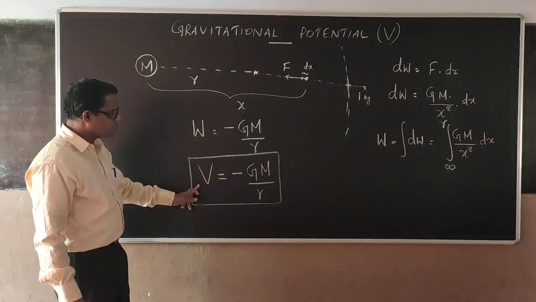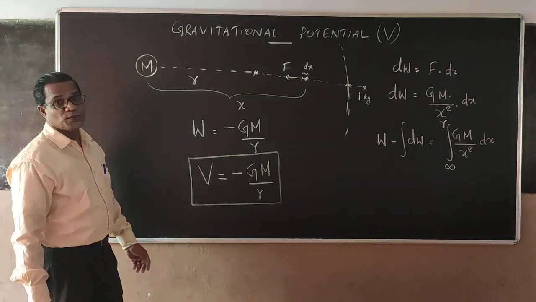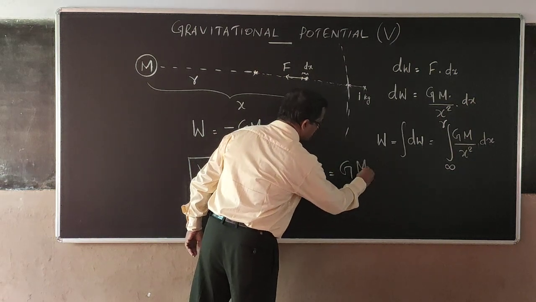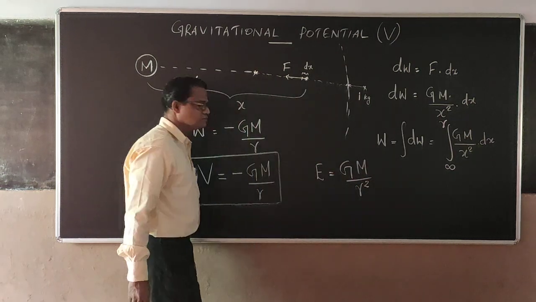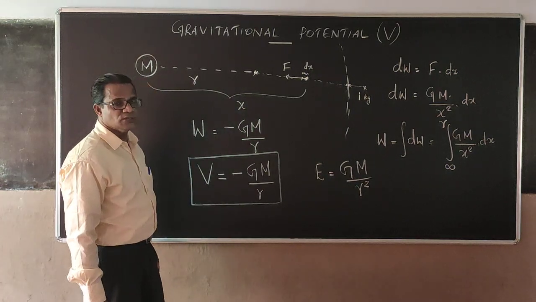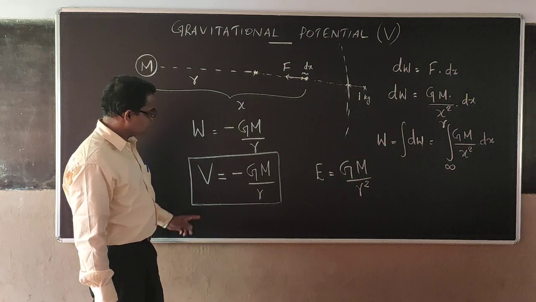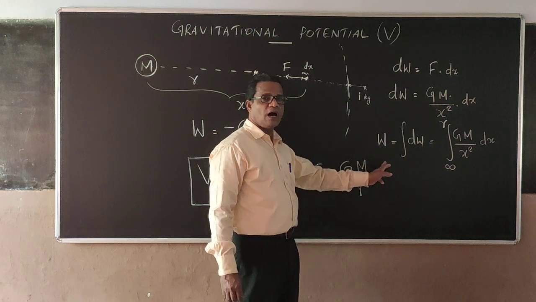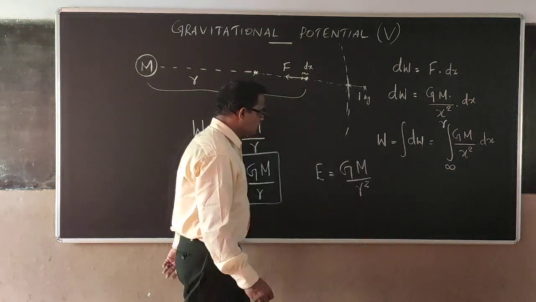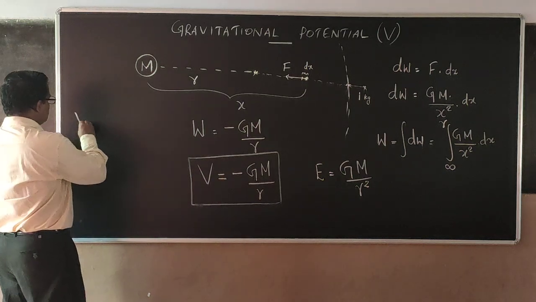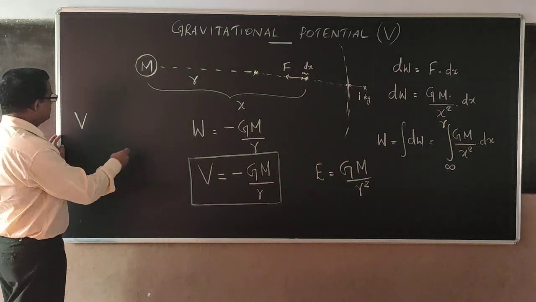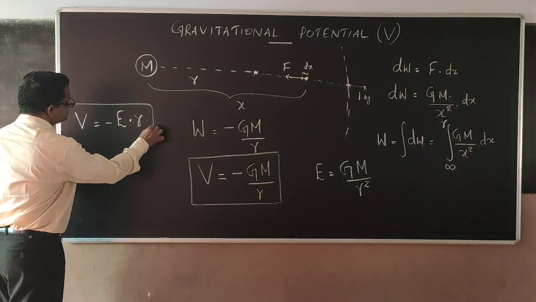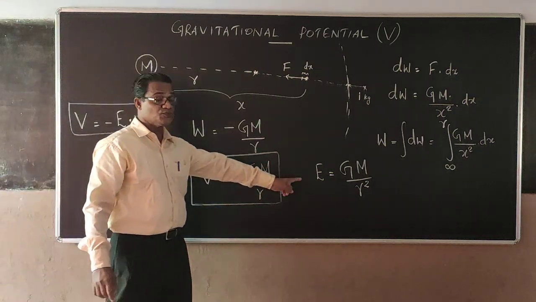When you compare this with the gravitational field, what do you get? The field E at that point will be equal to capital G into M by R square. Yes? So to get this one, you have to multiply this with R. So the relation between capital V, the potential, and the field will be V equals minus E into R. From these two results we are getting it.